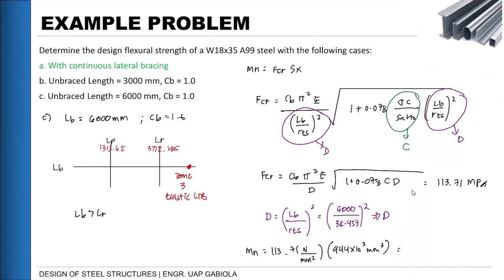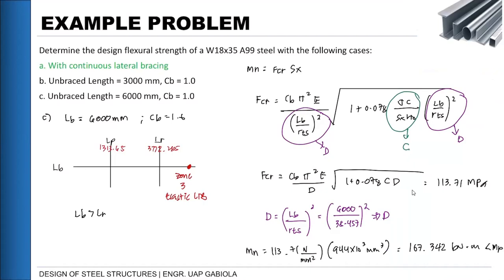Pag minultiply natin, 113.71 times 944 times 10 to the 3, then divide natin by 1 million. We have 107.342 kilonewton meter as our MN, which is less than doon sa ating value ng MP.